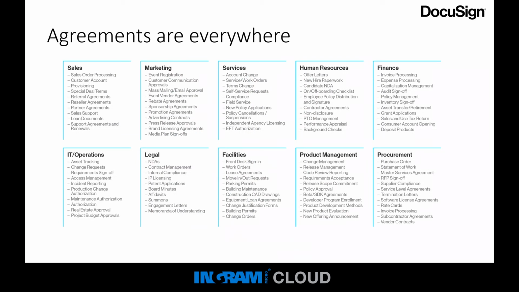But then it may turn out that the business needs to start using it for sales orders, or they want to be able to track assets in the organization, so IT and operations will start to use it. And then eventually what you'll see is that businesses will take a business-wide approach to Docusign and start using it in all of their different departments.